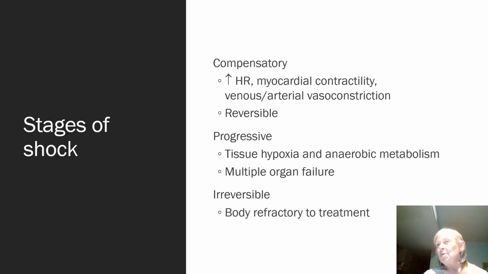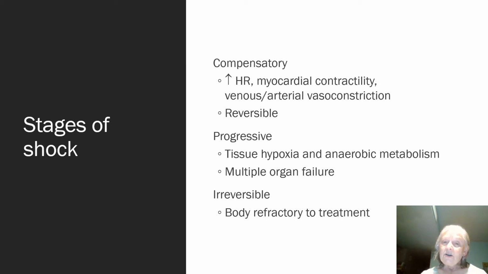Sometimes you don't even notice it until you get higher. And as you get higher and it gets a little bit worse, now you notice that increased respiratory rate and increased heart rate. So with compensatory shock, we're still seeing the same type of things: increased heart rate, myocardial contractility. You're going to have some vasoconstriction because we're trying to push the blood towards the central core.